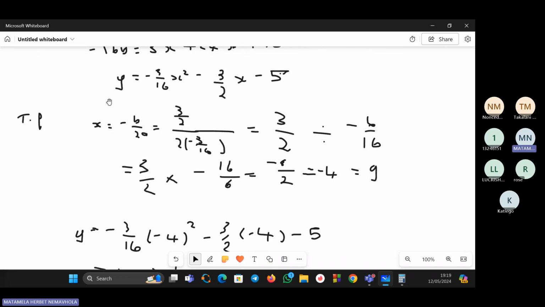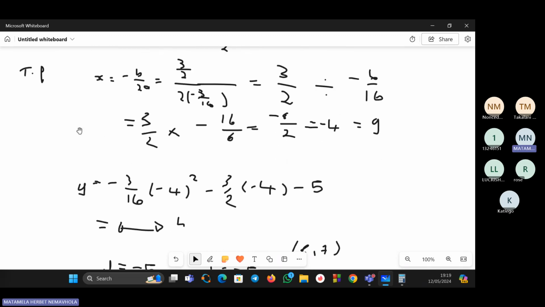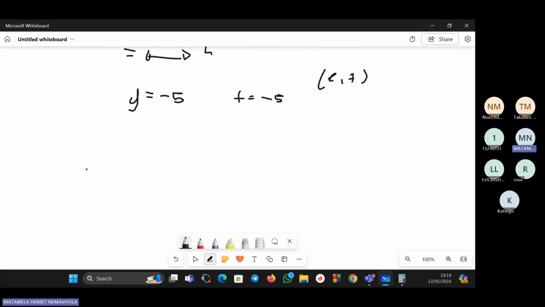So in other words, you are going to say -5 equal to -3 over 16 x squared minus 3 over 2 x minus 5.